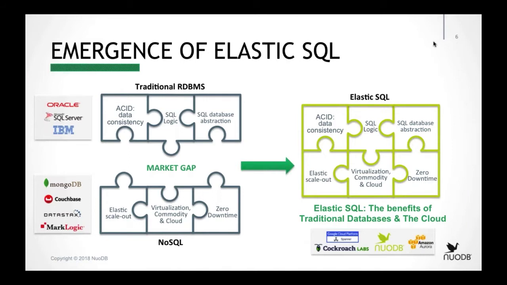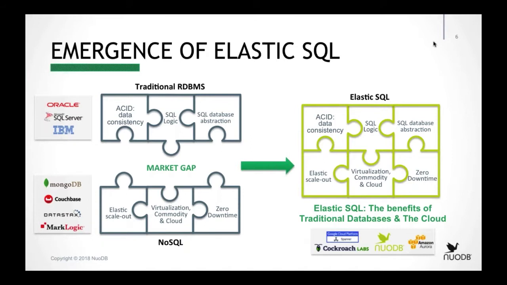We are not the only ones in this space. We probably started this space a long time ago, back in 2010. But Google, Cockroach, and Amazon have now started coming into this space, and that's a vindication of our pioneering efforts. Previously, people were saying, "Why do you need these elastic SQL capabilities? Because we have NoSQL." Well, some of these other larger vendors are now telling their customers that yes, you still need the SQL semantics, you still need SQL ACID guarantees, and you still need the ability to have data in a relational form or in a schema.